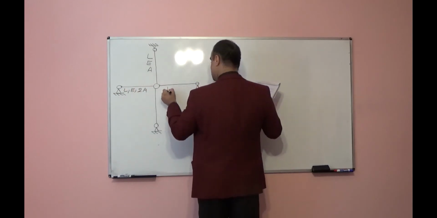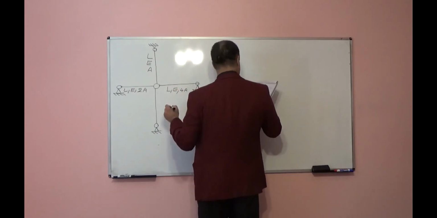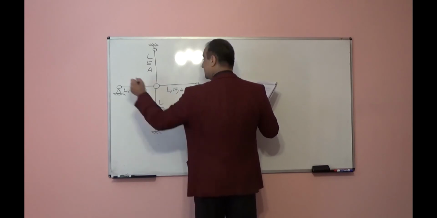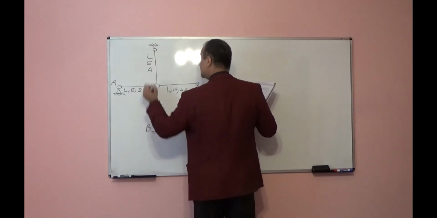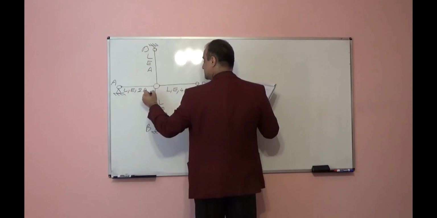This one is L, E, 4A. This one is L, E, 2A. And points A, B, C, D. And this is point O.